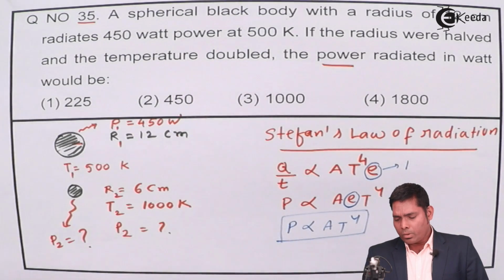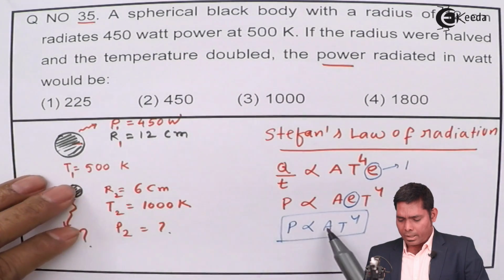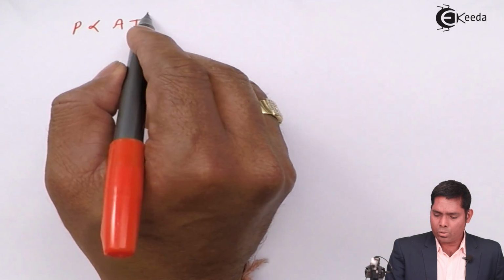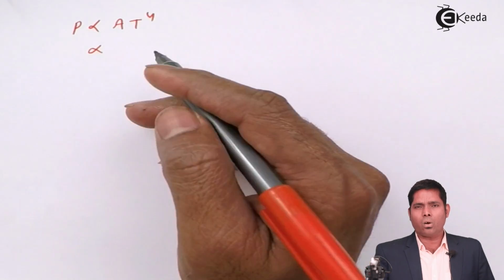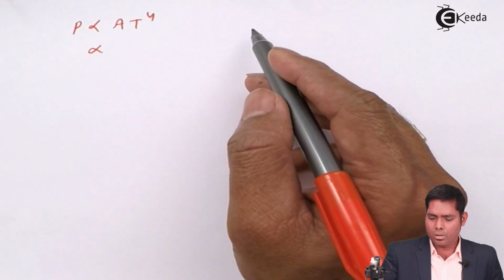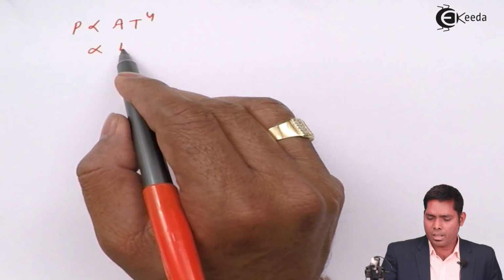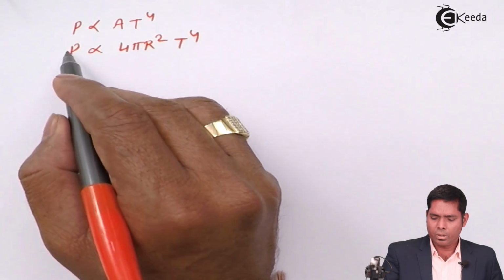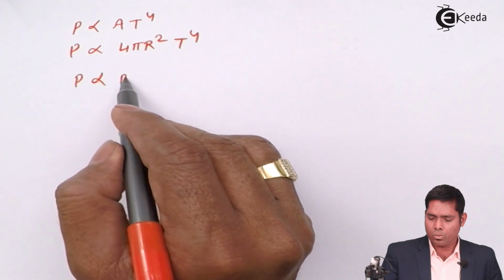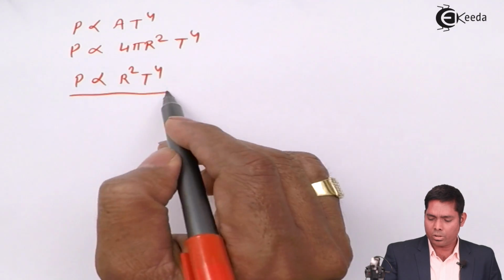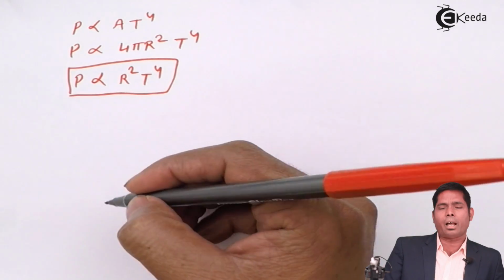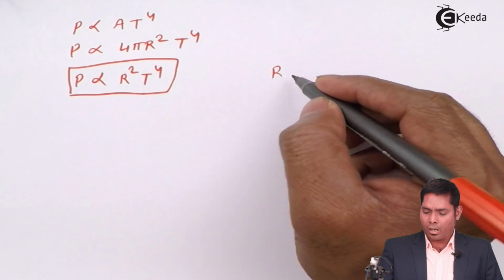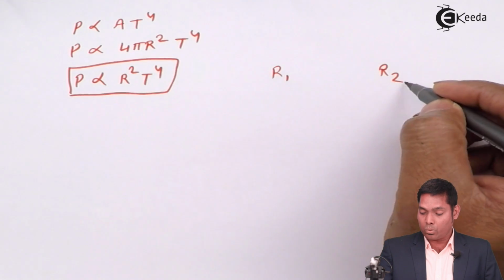So now we'll use this relation that P is proportional to A T raised to 4, and A is the surface area of the sphere, that is 4 pi r square, so P is proportional to r square T raised to 4. Then I have two cases. One has radius r1, the other r2.